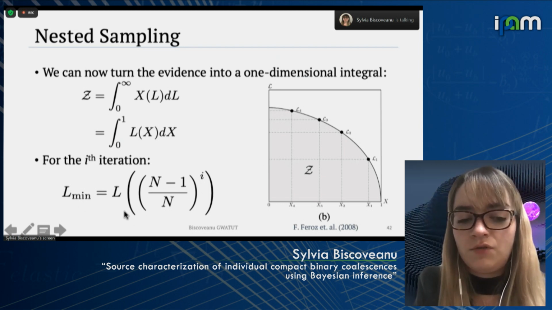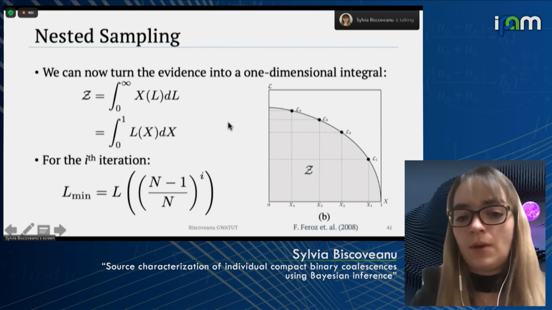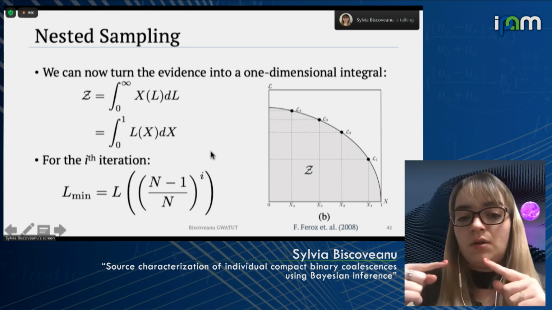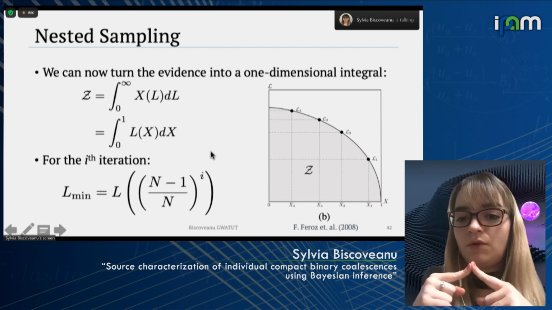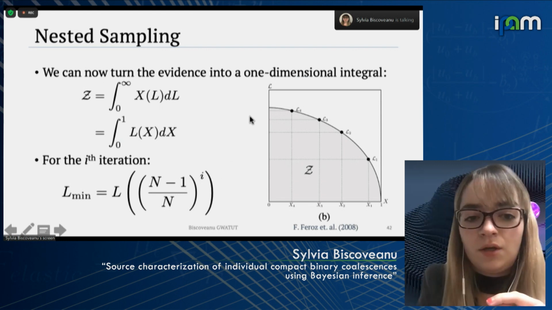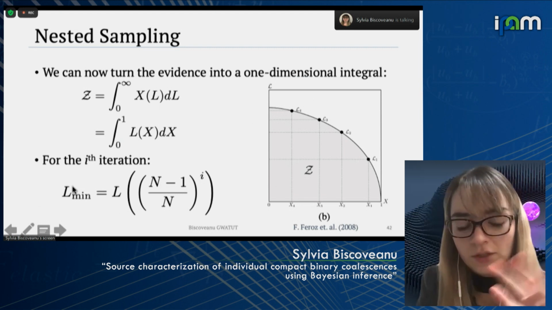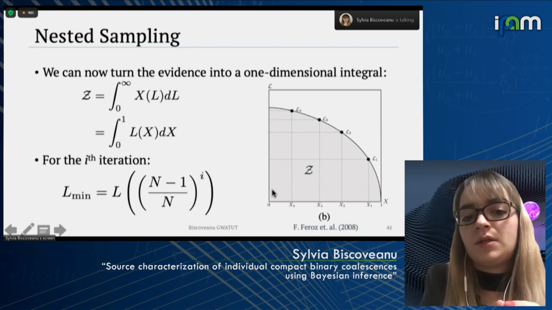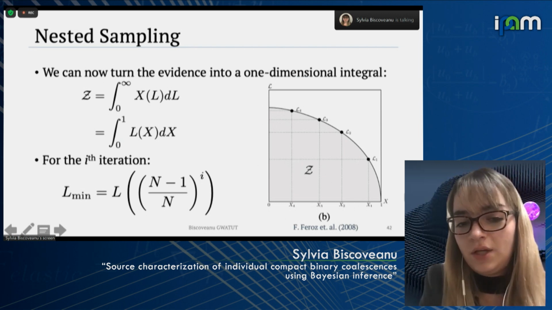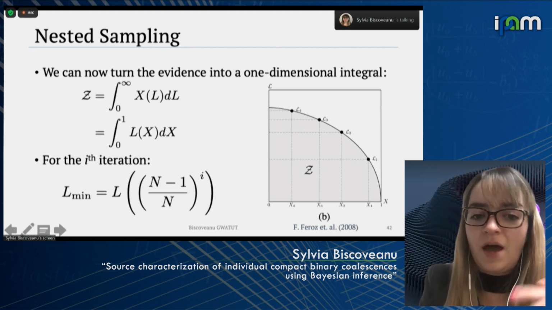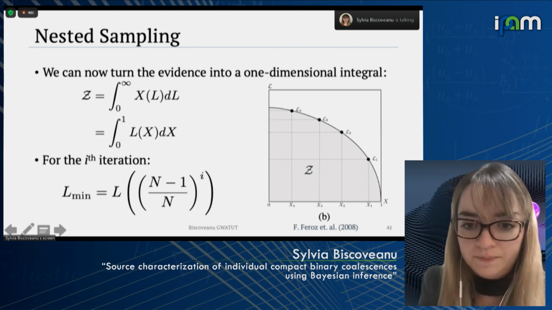So, once you've done this repetition of throwing out the lowest likelihood live point many, many times, eventually you've zoned in on the part where the prior volume is very close to 0. And so here you're close to the highest likelihood part of the surface. And once you do this one-dimensional integral, you can do it as a simple sum, pretty much. That will give you the value of the evidence.